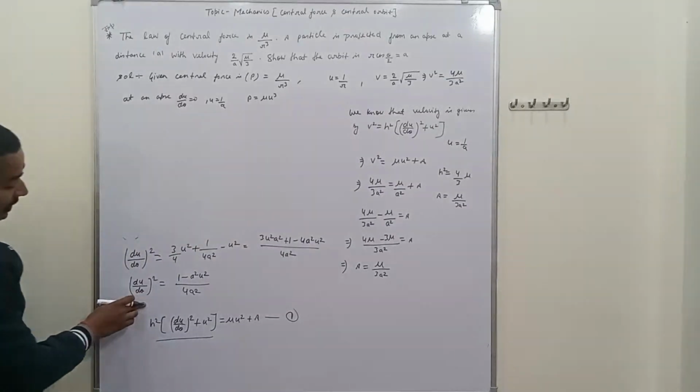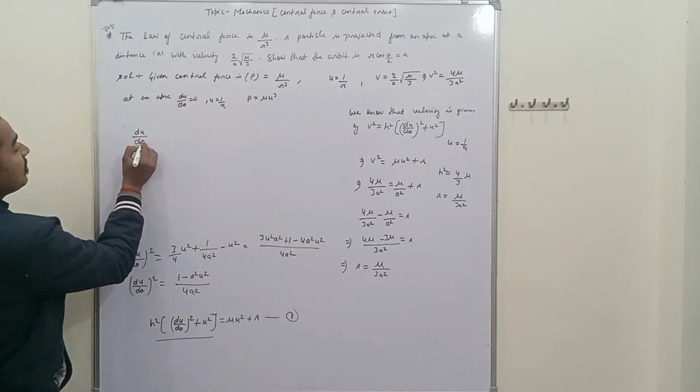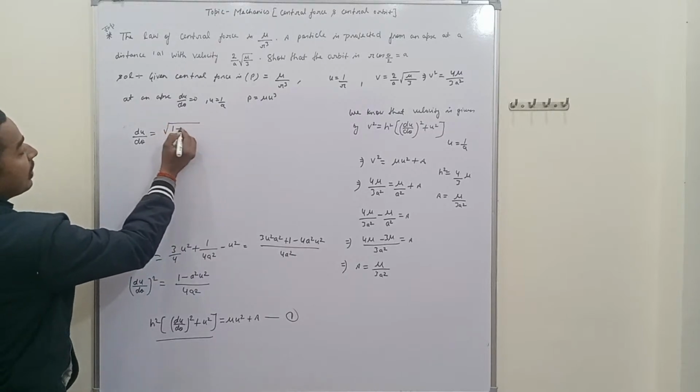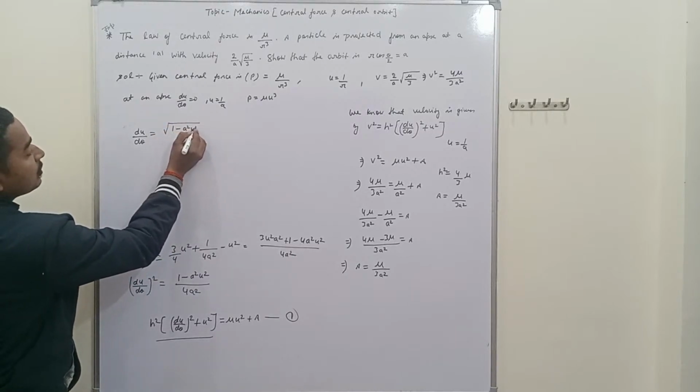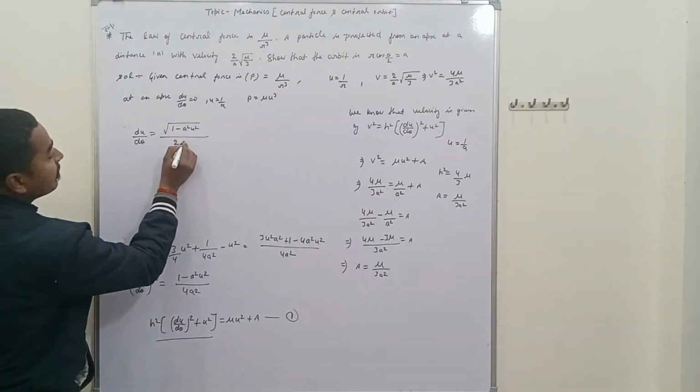Further, we have to take square roots on both sides, that is du upon d theta is equal to under root of 1 minus a square u square upon 4 square, that is 2a.